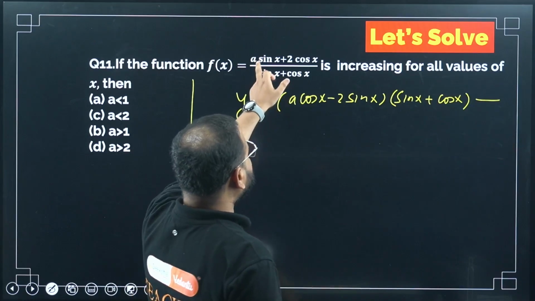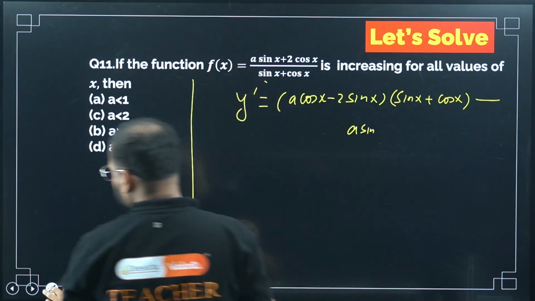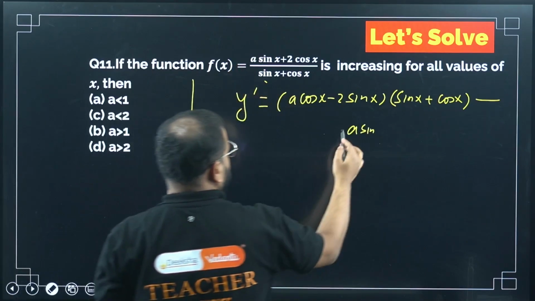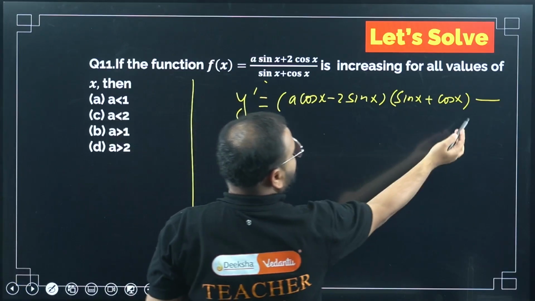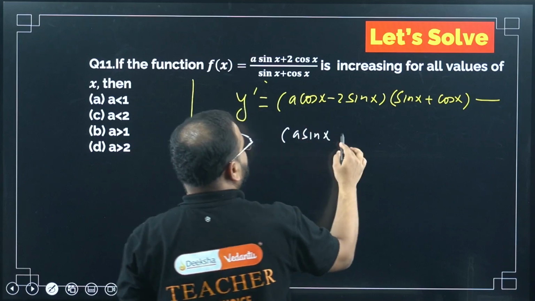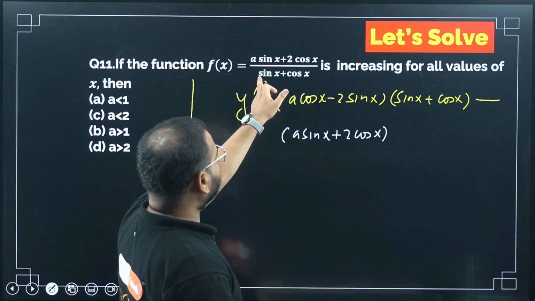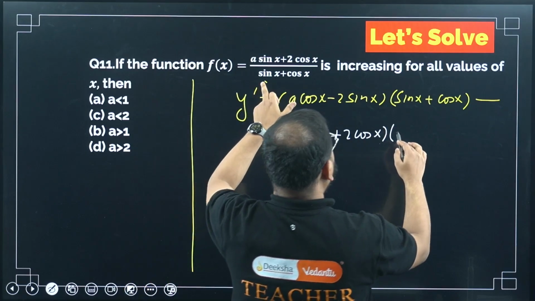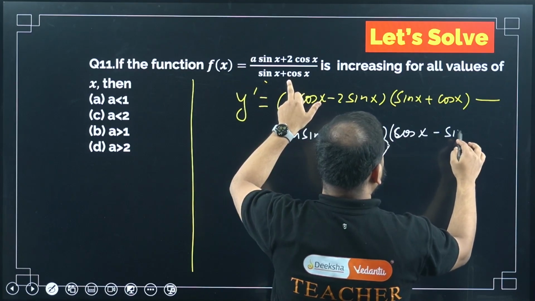Now I'm going to keep this numerator as it is, so I'll write a sin x plus 2 cos x as it is, with a minus sign over here. Now I differentiate the denominator: sin becomes cos x, cos becomes minus sin x.